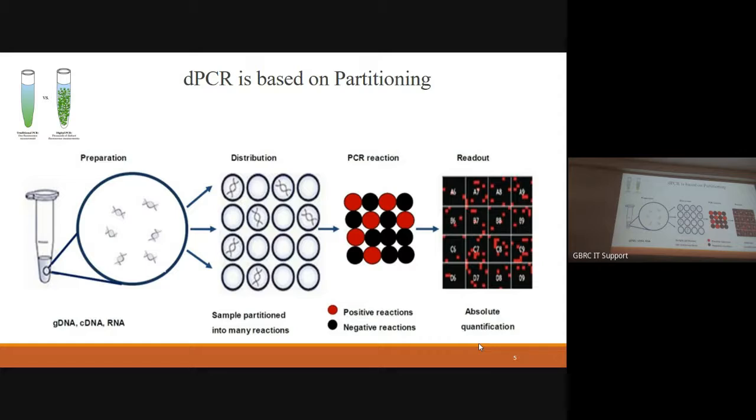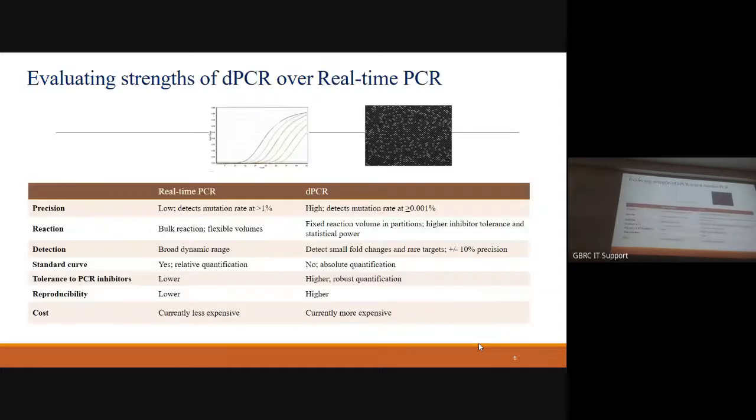And the Bio-Rad droplet PCR has 20,000 partitions based on droplets. So whatever number of partitions there are, your reaction mixture will be evenly distributed, and then in each separate partition your PCR will amplify, and the final readout will be positive partitions as well as negative partitions. Positive partitions will have amplification, and negative partitions will not have any amplification.